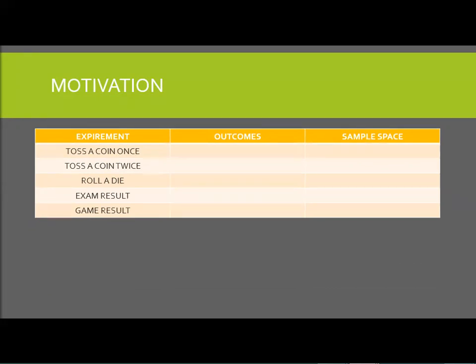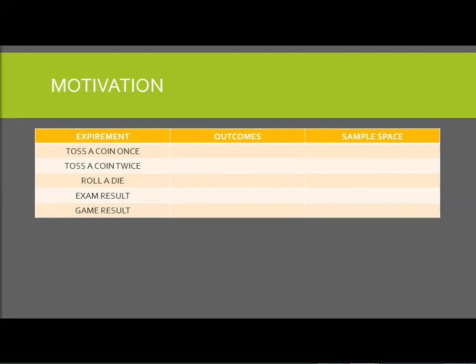If you toss a coin once, what are the possible outcomes? Looking back, we know that a coin just has two faces: we have head and tail.